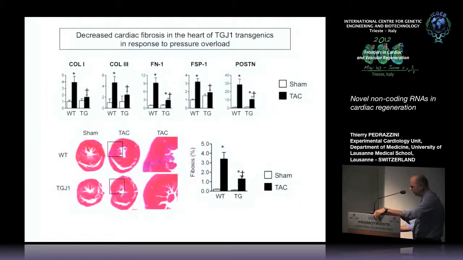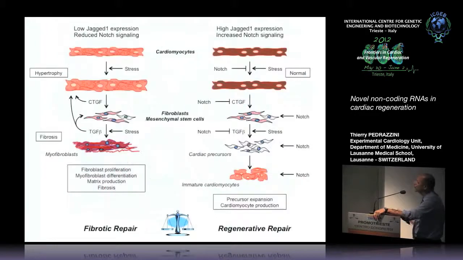So the message here is that this animal has a better capacity to deal with pressure, and this is most probably due to the increased capacity to produce cardiac precursor cells. Now, obviously, there are many steps in this process in which Notch could be operational.